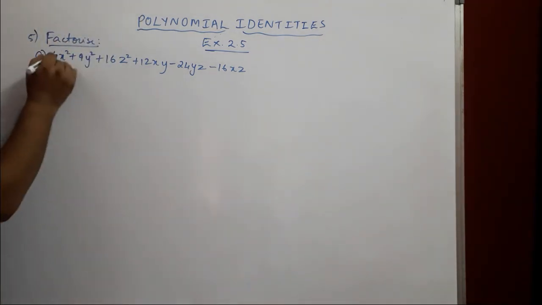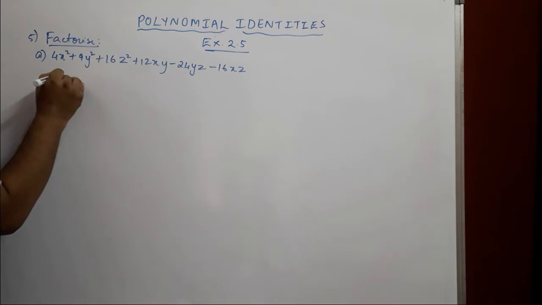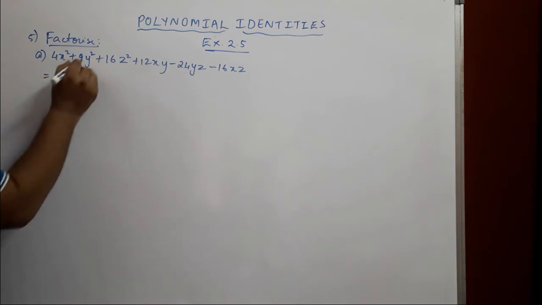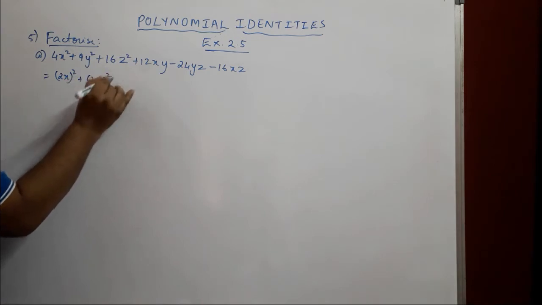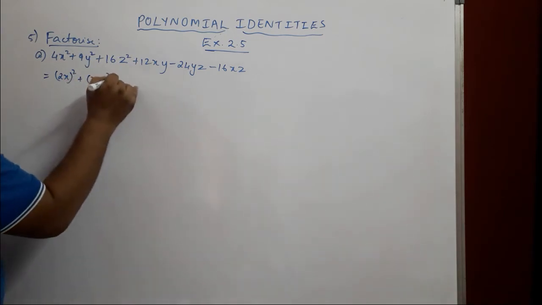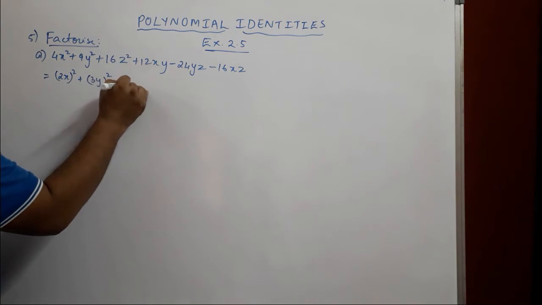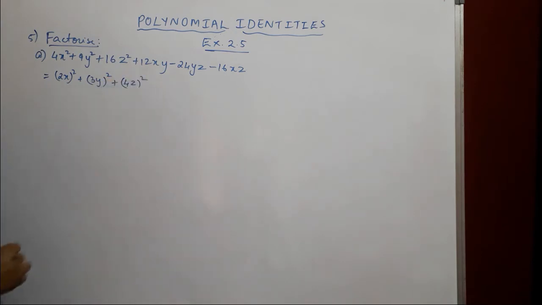So in this case 4x square can be put down as 2x whole square, 9y square is actually the square of 3y, so we put it down as 3y the whole square, and 16z square can be written as 4z whole square.